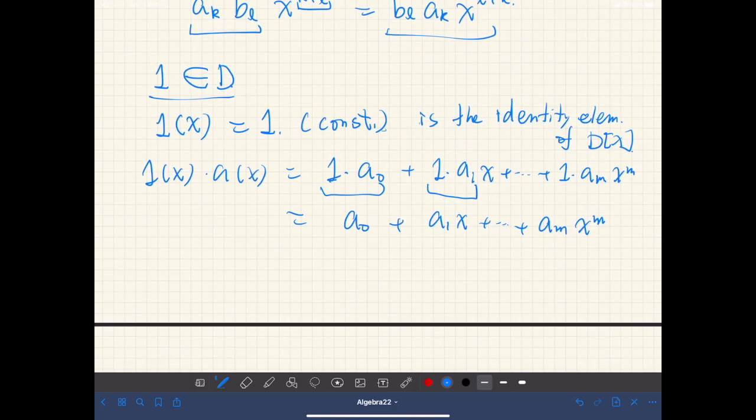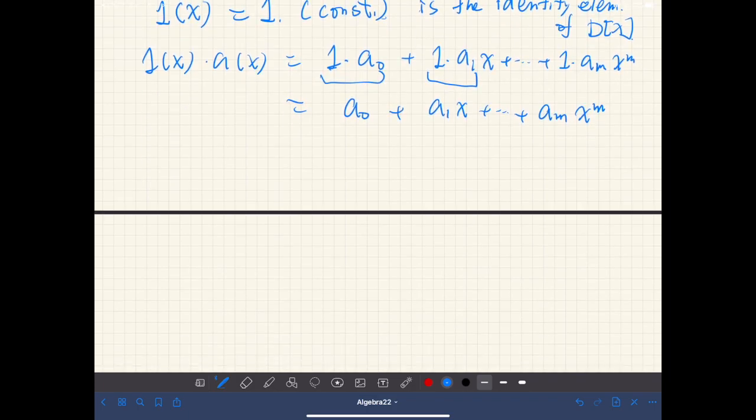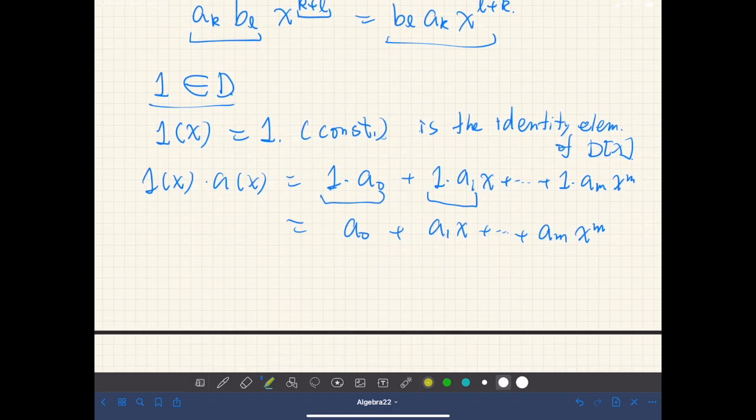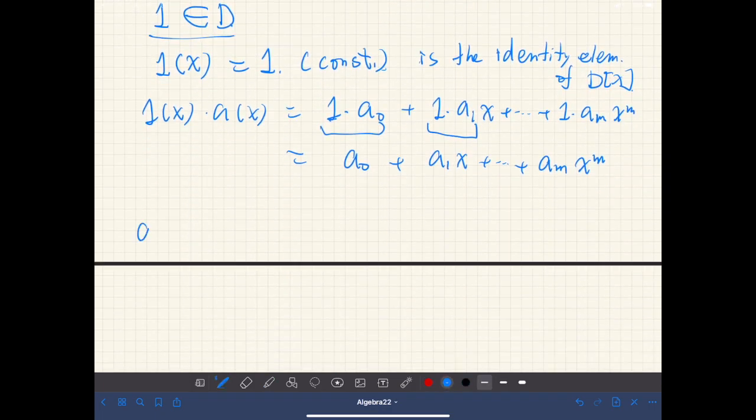And the last thing we need to show is the absence of proper divisors of 0. So we are assuming this: a of x is not 0 and b of x is not 0.